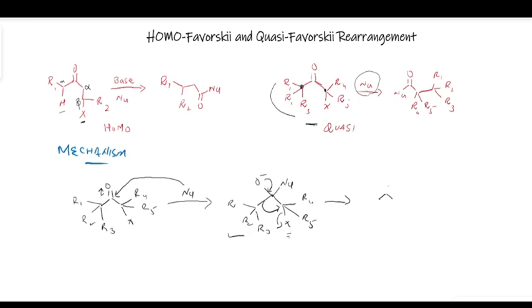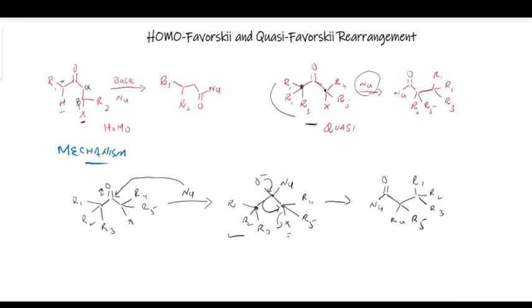It will attack this carbon, allowing the removal of the halide anion and forming a stable molecule that will look like this. So the carbonyl is restored now with the nucleophile attached to it, and this carbonyl is then attached to this carbon, which has R4 and R5 attached to it, and this carbon is then in turn attached to this tertiary carbon, which has three R groups, the R1, R2 and R3 attached to it.